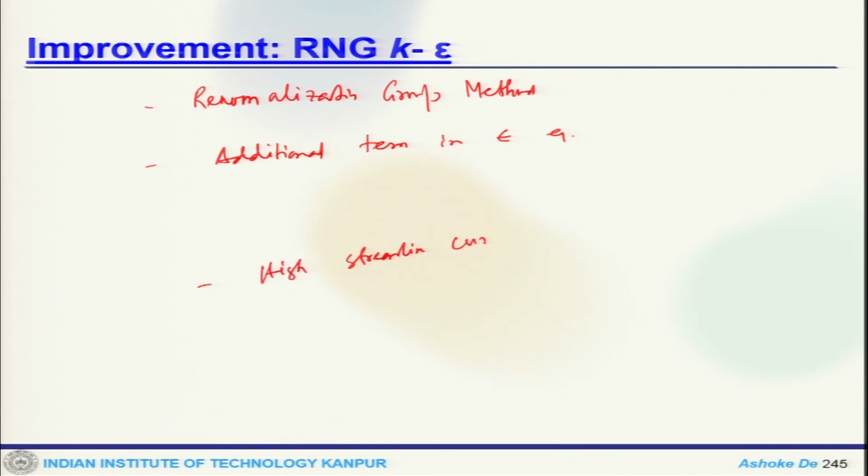high streamline curvature and strain rate, some transitional flows and wall heat and mass transfer, but it still does not predict the spreading of a round jet correctly.